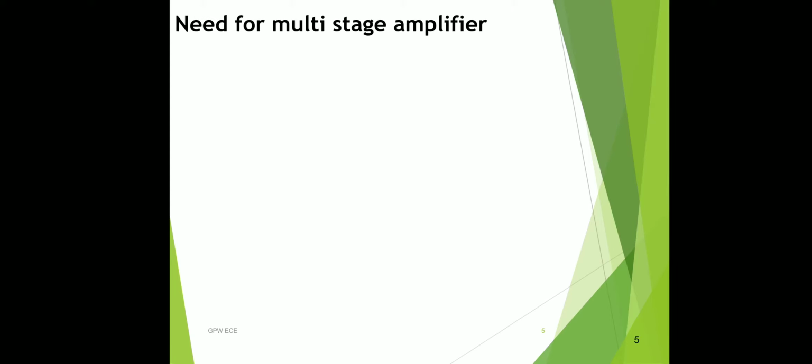First, what is a multi-stage amplifier and what is the need of it? We saw the single stage amplifier, which amplifies the applied input signal. Here we are getting the gain.